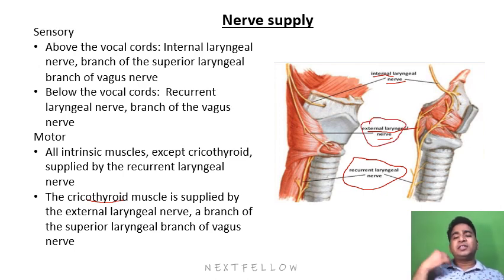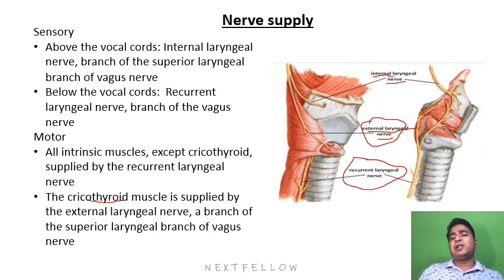Whenever there is any pathology or trauma to the recurrent laryngeal nerve, what will happen? All the muscle functions will be lost except the cricothyroid. So suppose the posterior cricoarytenoid is also not working. What will happen? No abduction will be there. If the recurrent laryngeal nerve is injured, the only muscle which is working will be the cricothyroid, and along with increasing the tension, this is also an adductor of the vocal cord.